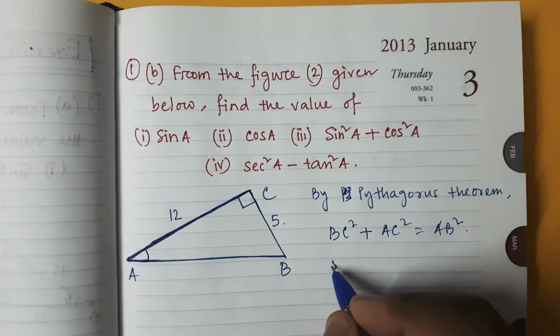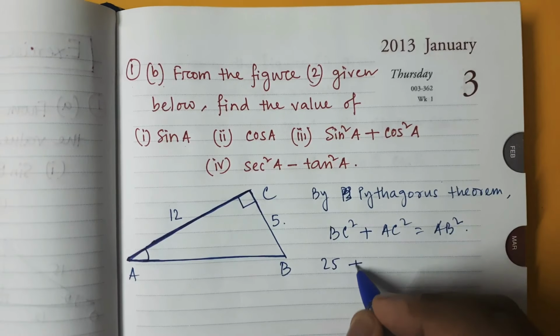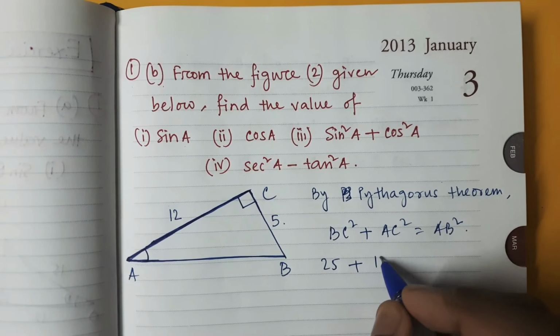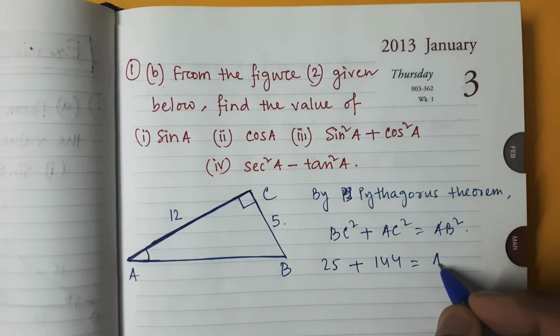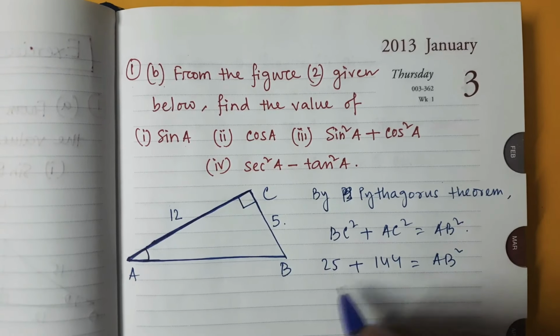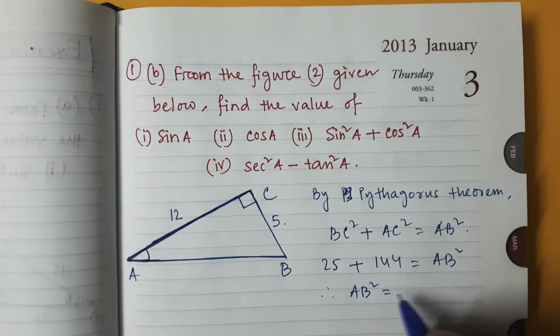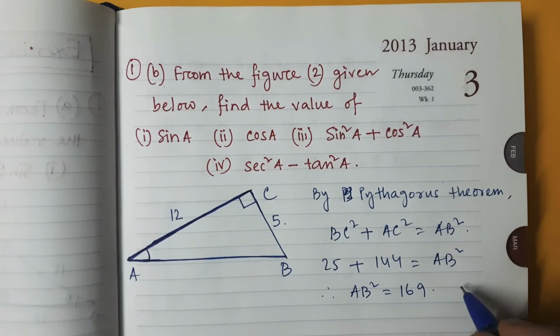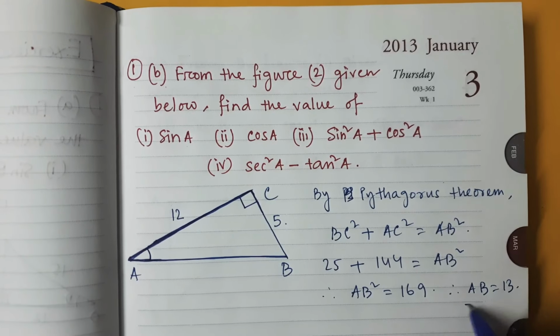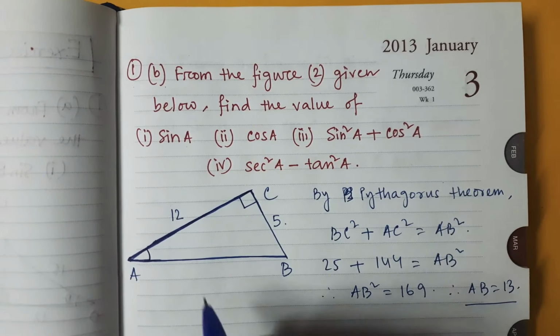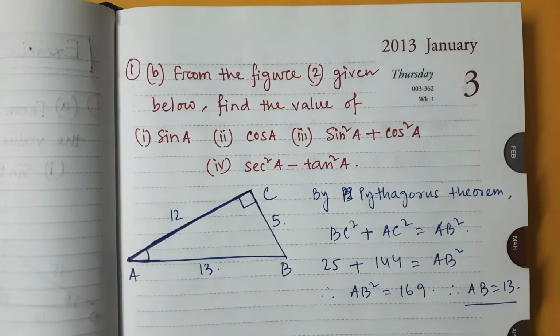BC is 5, so 5 square means 25, plus AC is 12, that means 144. So it is AB square. Therefore AB square is 169 and therefore AB is equal to 13. Now we have this value of AB, it is 13.